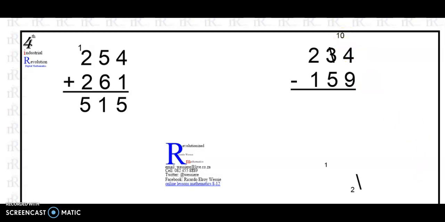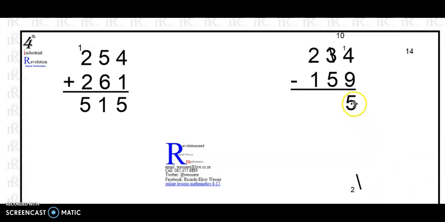So 10 units plus 4 units is going to give me 14 units. I do this by virtue of carrying a 1, and I need to understand that it now becomes 14 and not 5. It's 14 minus 9 gives me a total of 5.